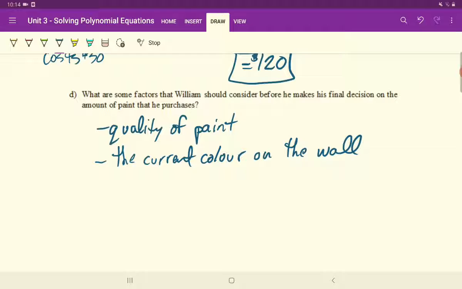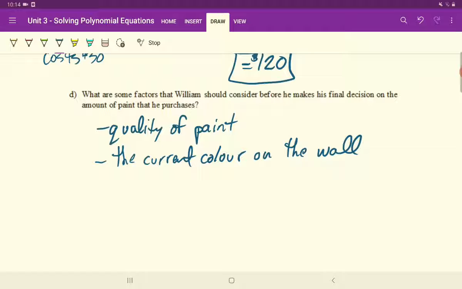So that is something that you would certainly need to consider, and that's the current color that is on the wall and how easy you think it might be to cover. Obviously, white is the easiest. Anything slightly off white is easy to cover, but anything darker is going to be a little bit more challenging, and you may need more coats.